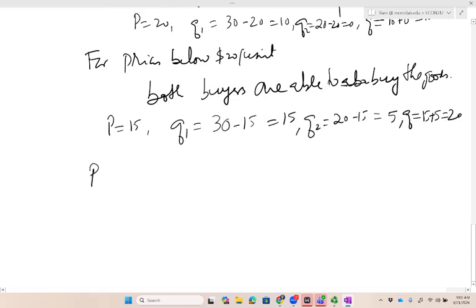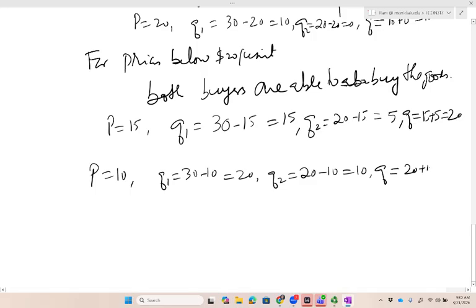Let me take another price, P equal to 10. Q1 is 30 minus 10, turns out to be 20. Q2 is 20 minus 10, turns out to be 10. And so the aggregate demand, sum of the two, 20 plus 10, turns out to be 30.